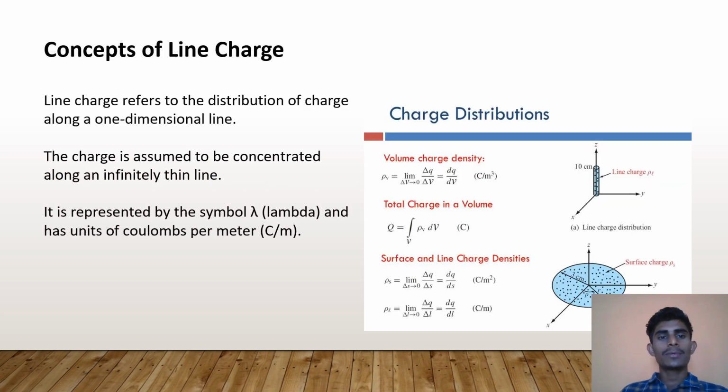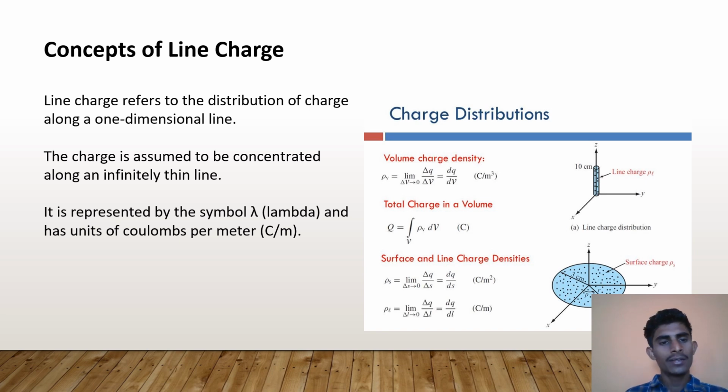First, the concept of line charge. Line charge refers to a distribution of charge along a one-dimensional line. Here the charge is assumed to be concentrated along an infinitely thin line.